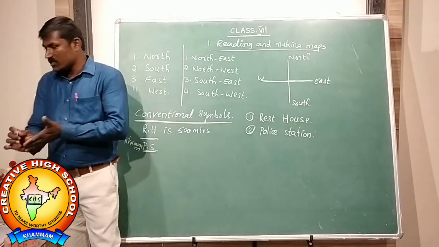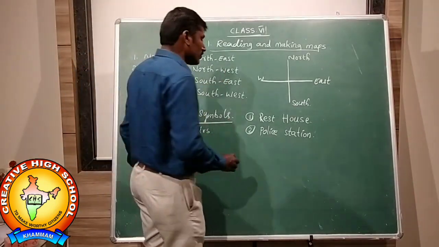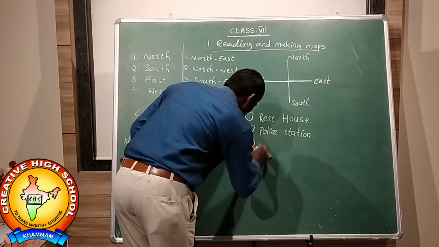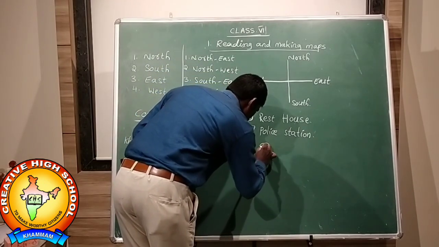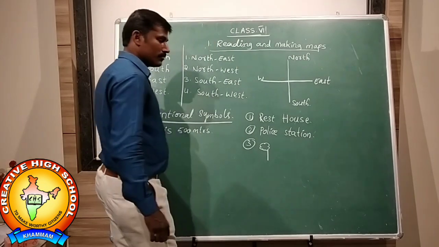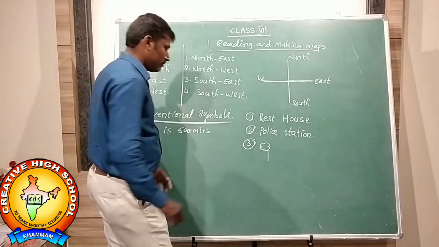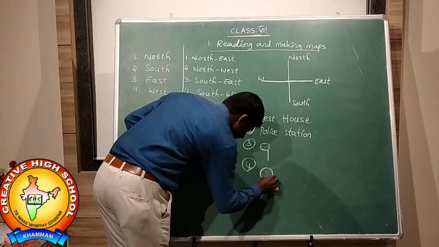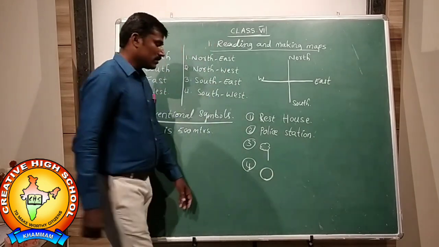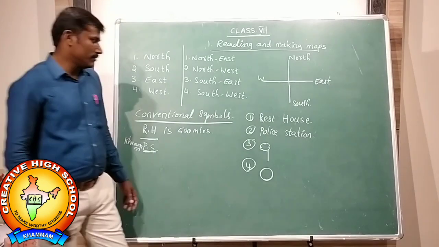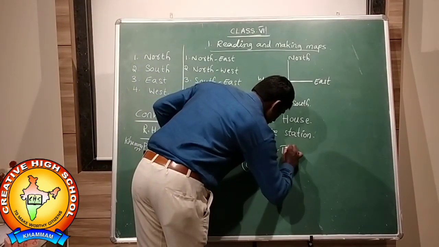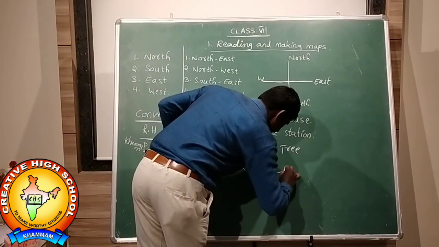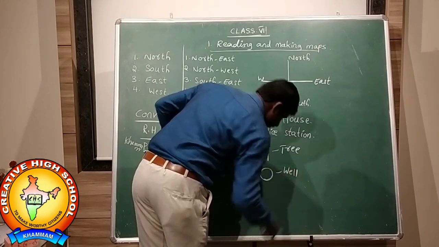Now, next another one we are able to point out. What is this? Tree. This is the well. This is tree. Well.